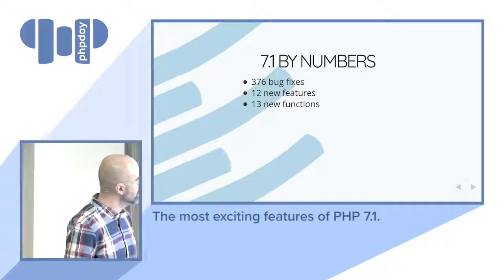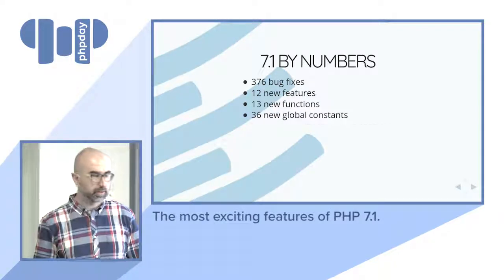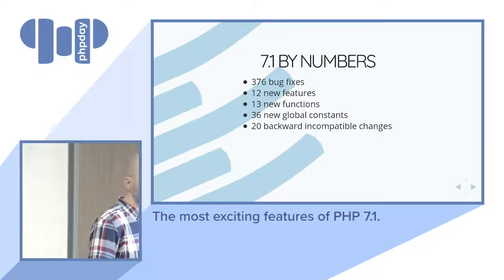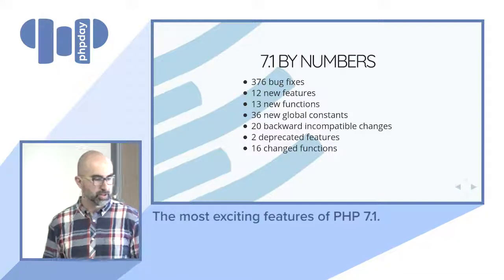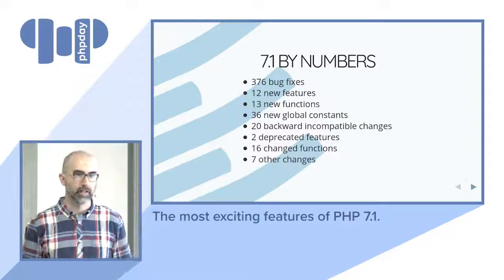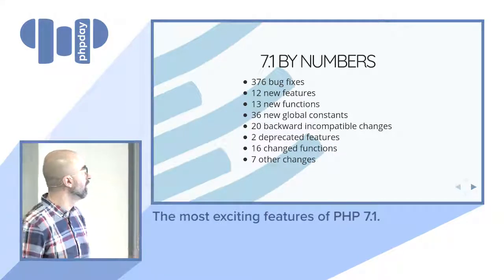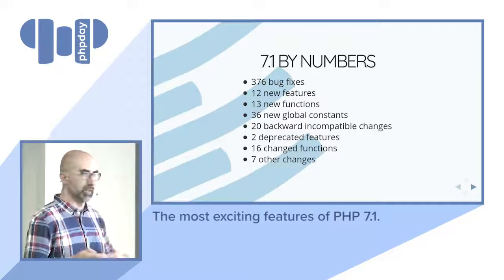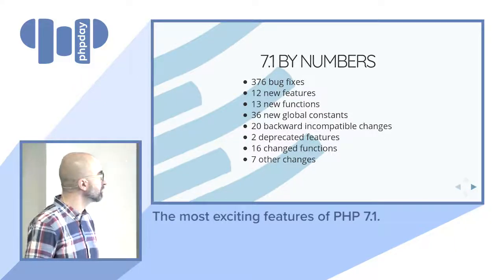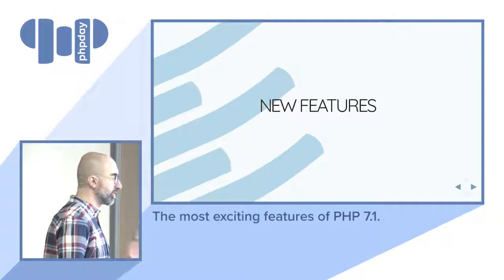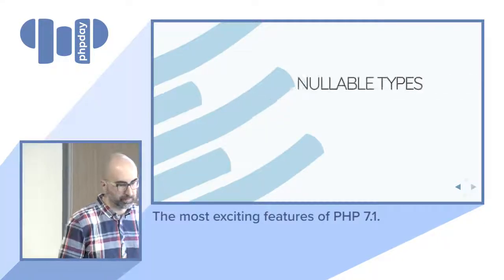They also introduced 13 new functions, 36 new global constants, 20 backward incompatible changes, 2 deprecated features, 16 changed functions, and 7 other changes. So a lot of news in this release. That's why I started to think about a presentation on this, because it can be interesting for everyone. Okay, so let's focus on the new features of this release.